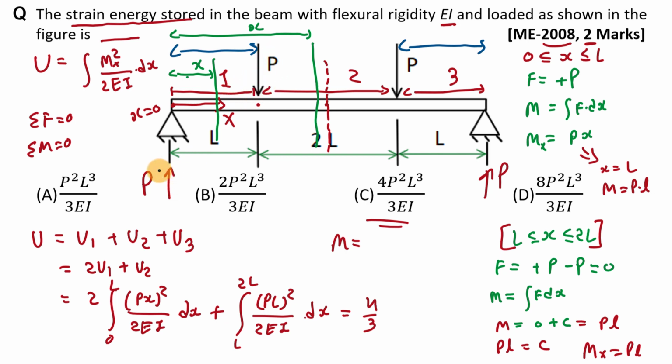If you take moment by this P load, then it will be P into this distance, that is x, right, from this section to this load, and moment by this P load will be this P load into this distance, that is x minus L. So it is minus P into x minus L. This P load is in the downward direction, so here I have taken negative sign. So from here also it will be P into L. Fine. So you can also use this method to find out direct bending moment in this section or at this section.